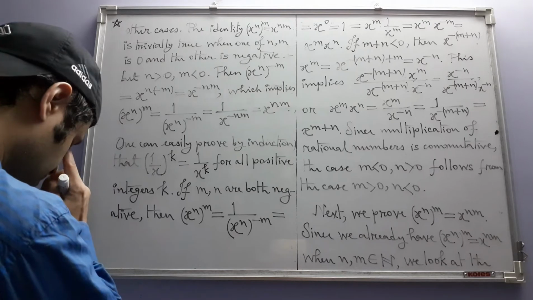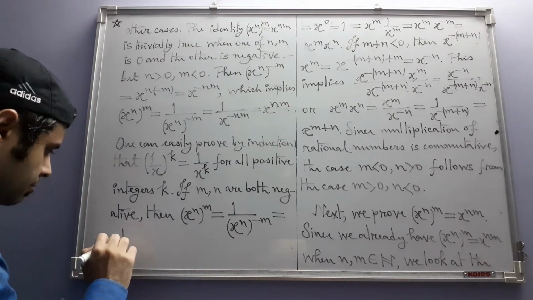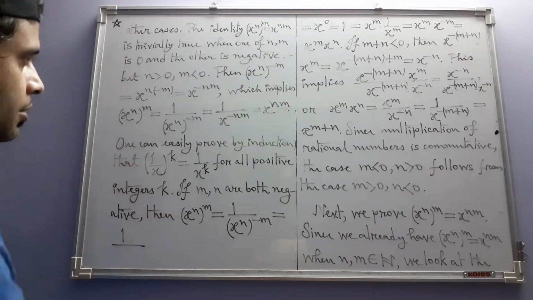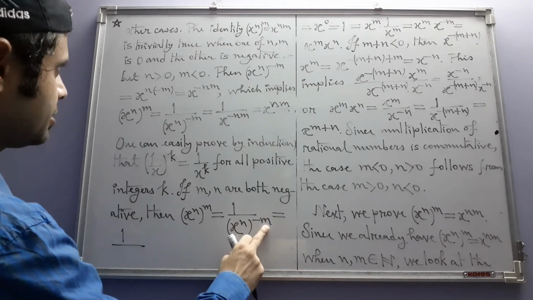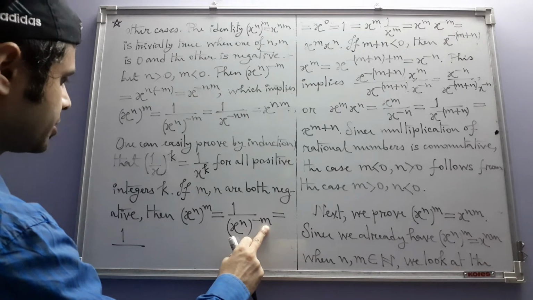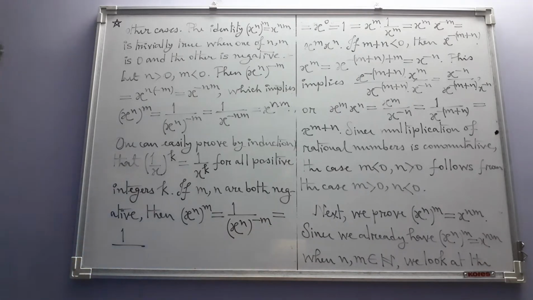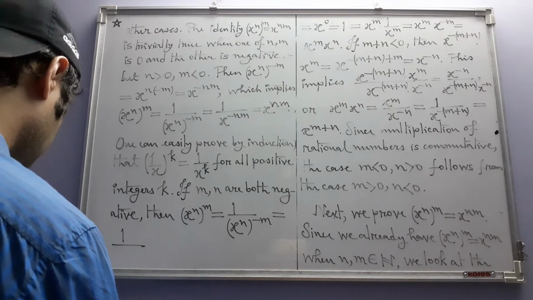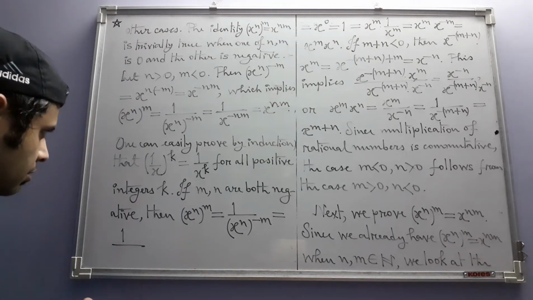Then this is equal to 1 over, now n is negative and minus m is positive.